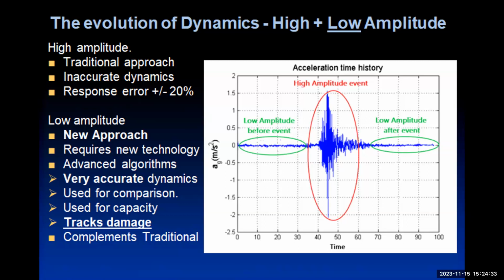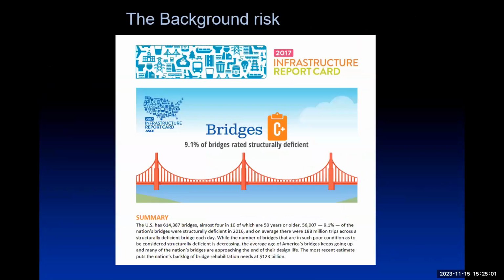We have extremely accurate analysis of dynamics, and we can compare what has happened to a structure during a large event. And it can be used for tracking damage. But this isn't in opposition to the traditional way of checking. It actually complements and shows you where to look for particular problems. So let's take a look.